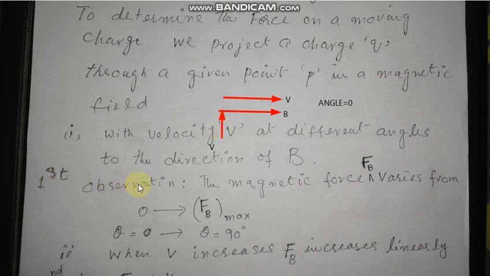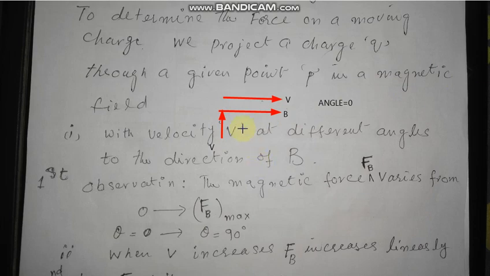That is, in the first observation, we project the charge q into the magnetic field at different angles. So here we are keeping B constant, we are keeping the magnitude of the charge constant, we are keeping the velocity constant, but the only thing which we are changing is the angle between the magnetic field B and the velocity of the charged particle.